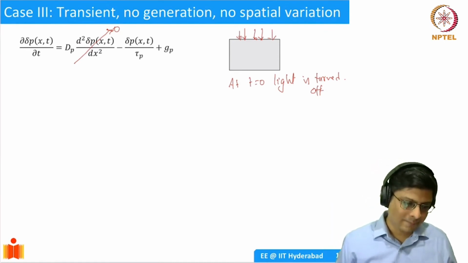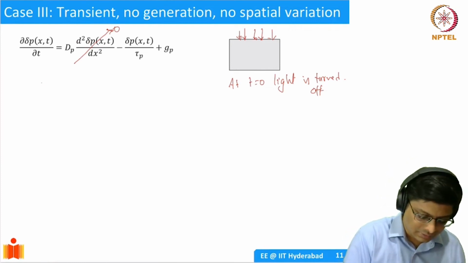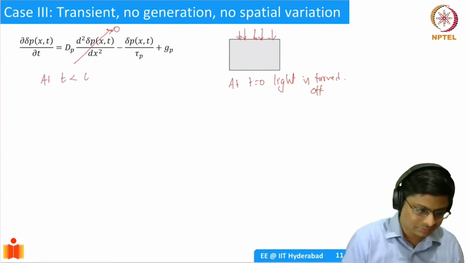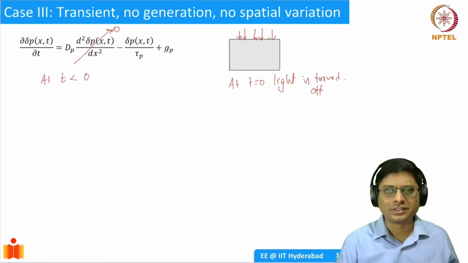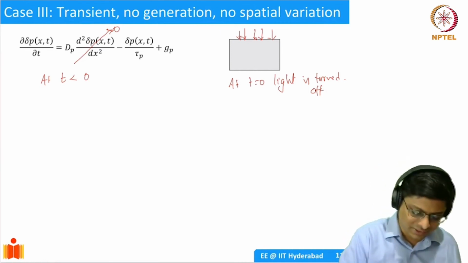Okay. So before, basically what happens at t less than 0, light is on, right? It's going to be in the steady state. You can solve the problem the same way. We have done it a couple of times already.